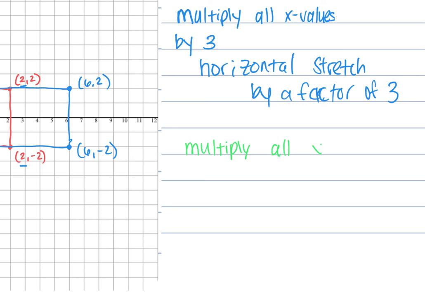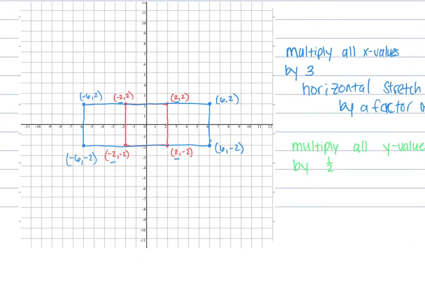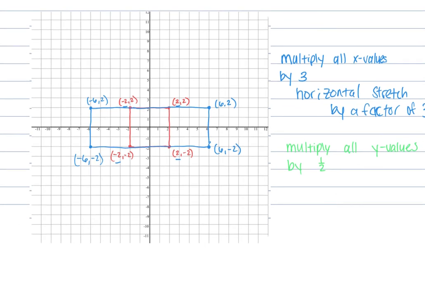all y values by 1/2. Let's multiply all the y values by 1/2. So let's underline all of our y values: 2, 2, -2, -2.